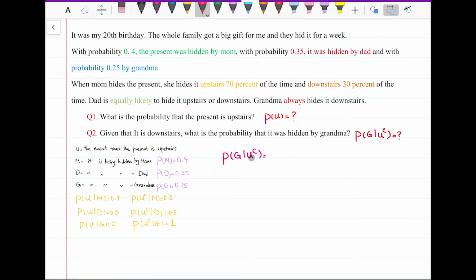But first, before I go to Bayes' theorem, let me write the definition of this conditional probability. It would be probability of G intersection with UC over probability of UC. Okay. Now, what is probability of G intersection with UC? I look at here, I see that I have probability of UC given G. Now, this is Bayes' theorem.